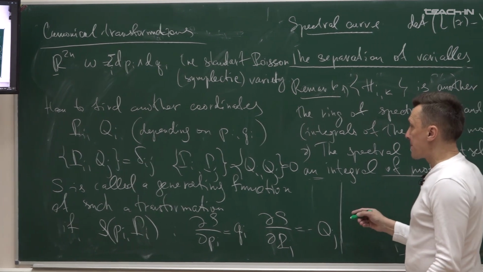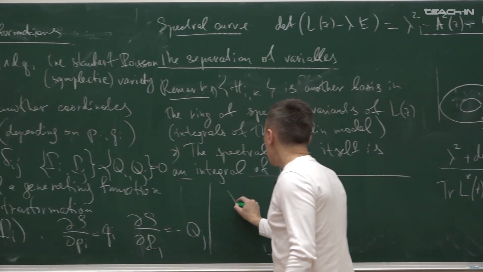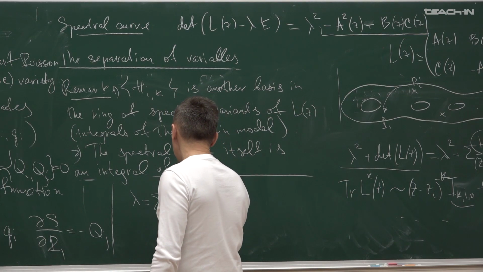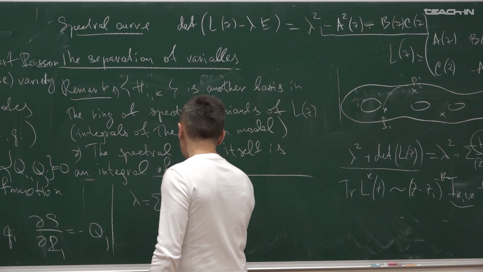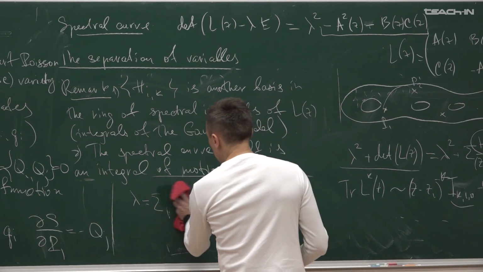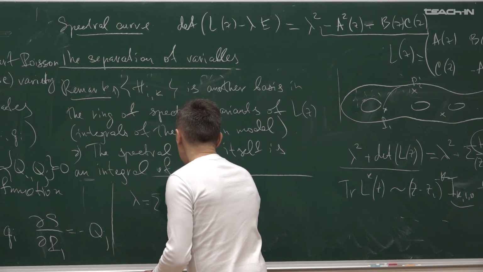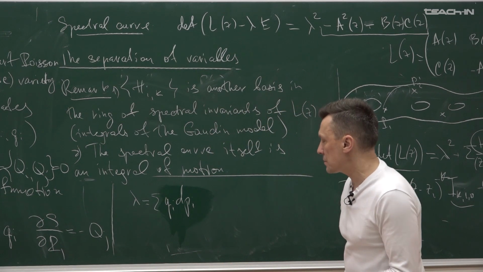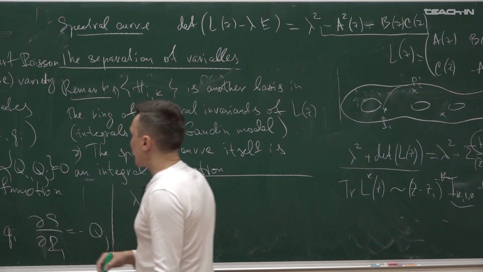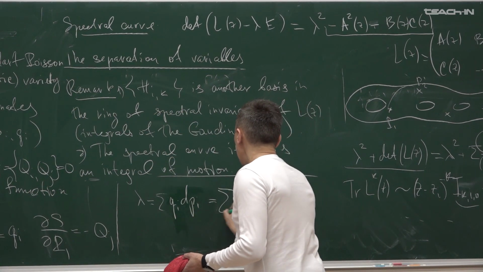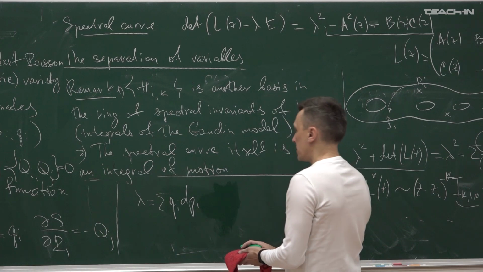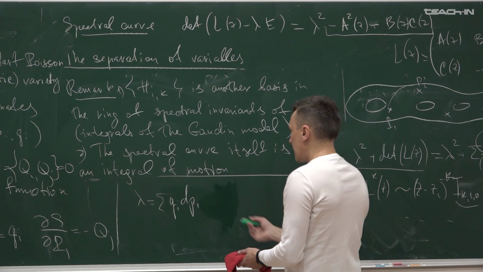So if we have two such types of coordinates, let us consider a differential one-form, which is the sum of p_i dq_i.